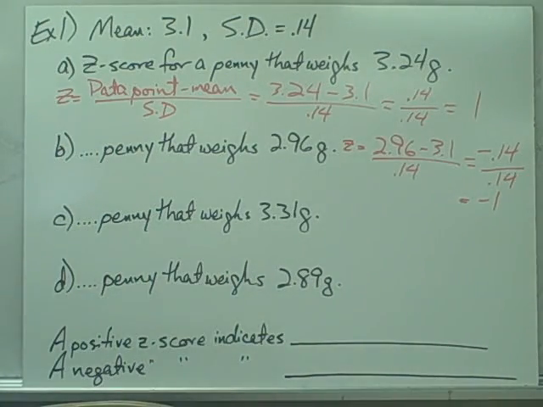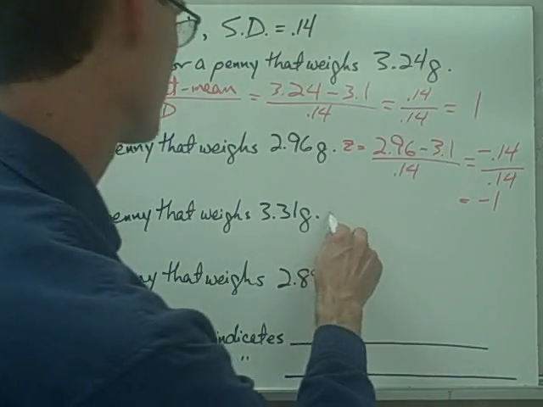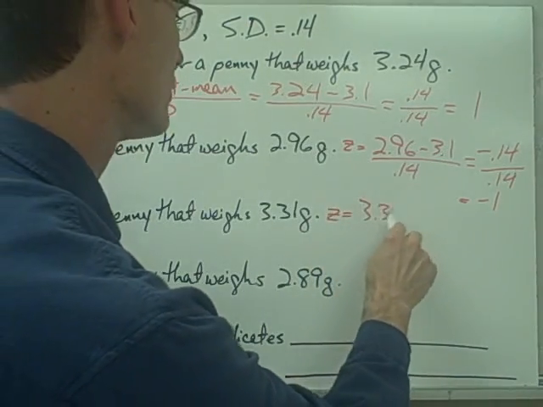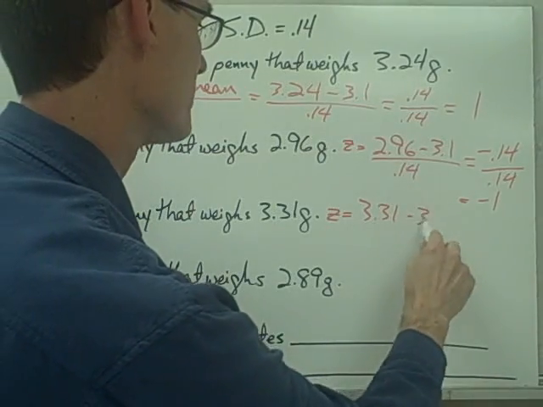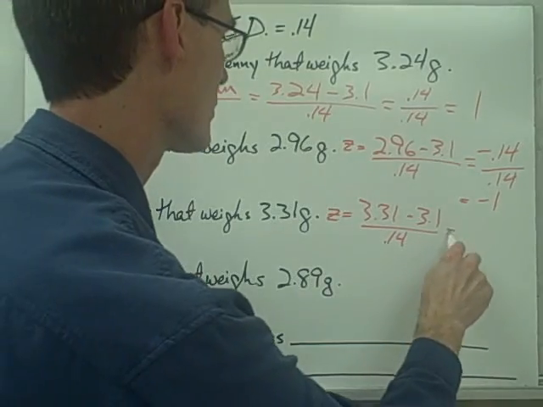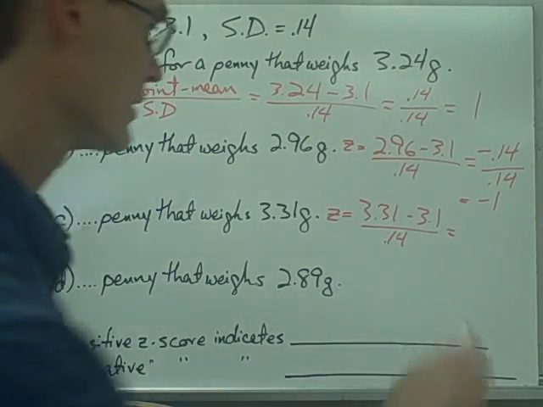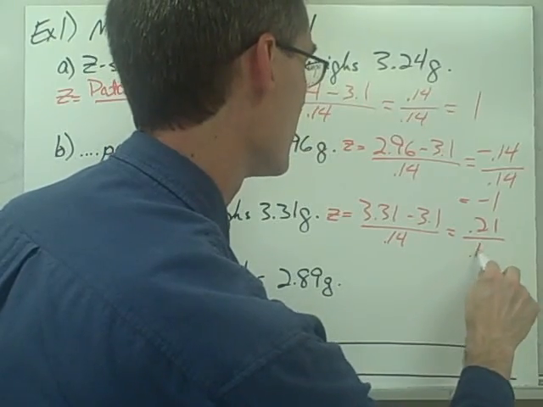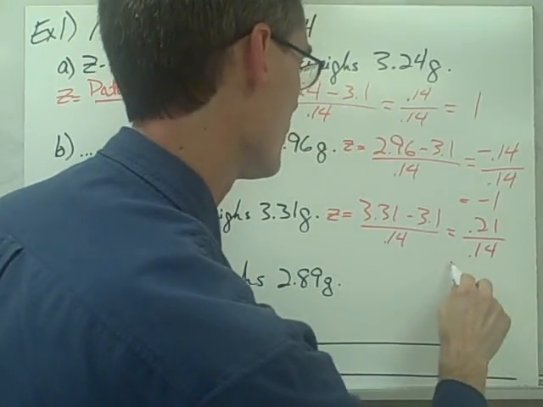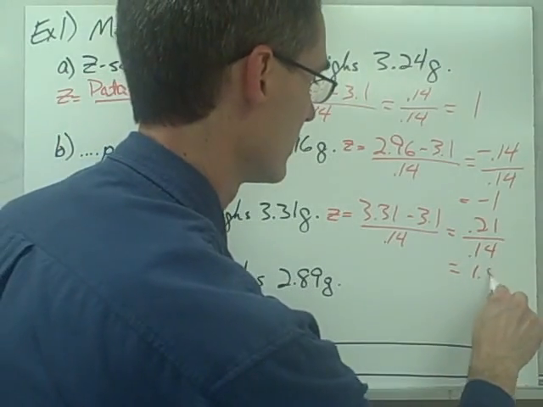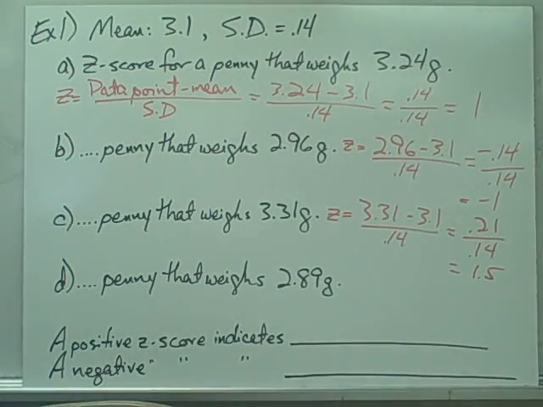What's the z-score for a penny that weighs 3.31? Plug into my formula here: 3.31 minus the mean, which is 3.1, divided by 0.14. That's 0.21 divided by 0.14, and that gives me a z-score of 1.5.